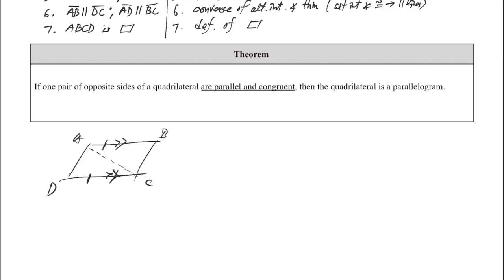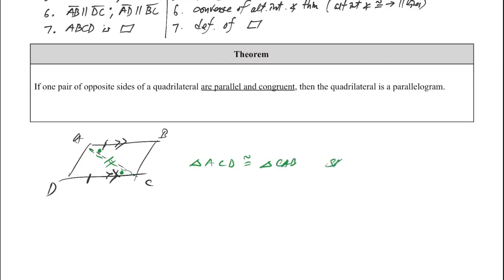Okay, given that information, because they're parallel, we know that, and let's start with using a different color actually, these two are congruent. And by reflexive property, these two are the same. So for that reason, we know that triangle ACD is congruent to triangle CAB, right?